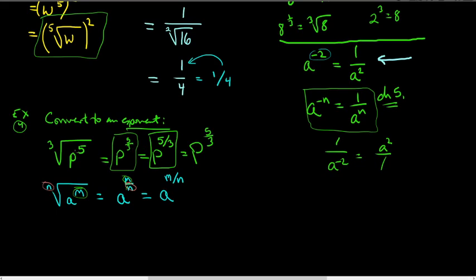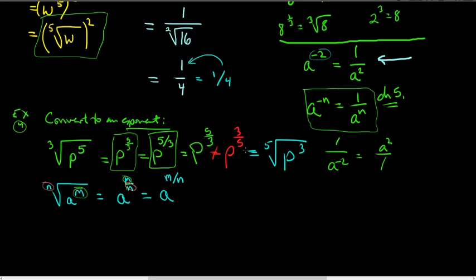Okay. But be careful you don't get it mixed up. In other words, this is not the same thing as p to the 3 over 5. What would p to the 3 over 5 be? Well, now the 5 is the denominator. That becomes the root, the index. And then the 3 is the numerator. That becomes the exponent.